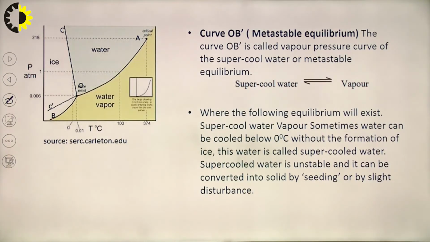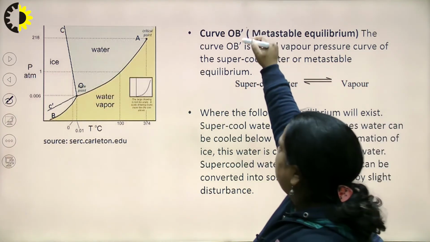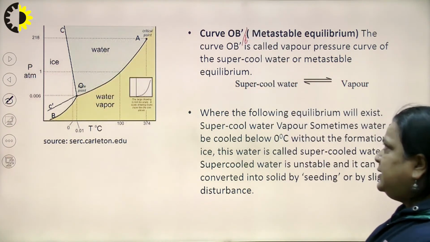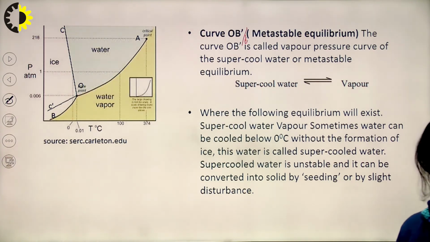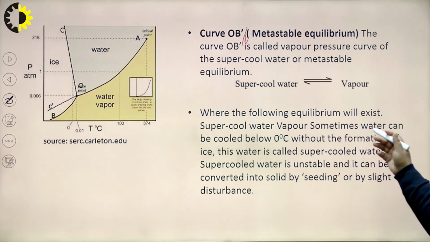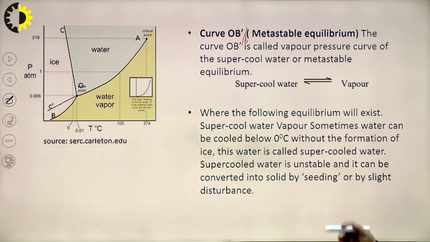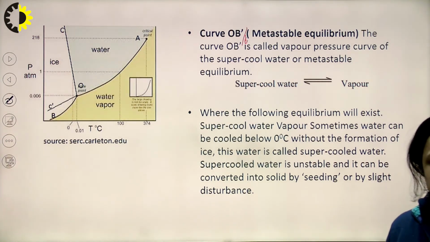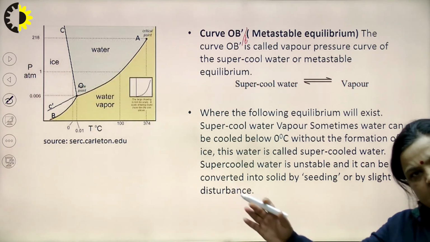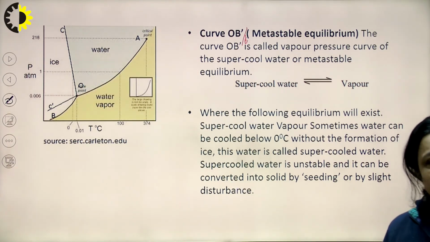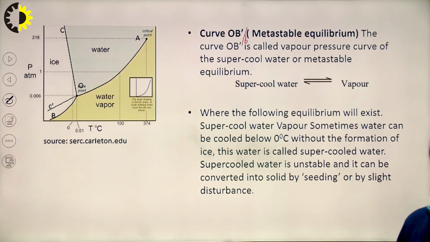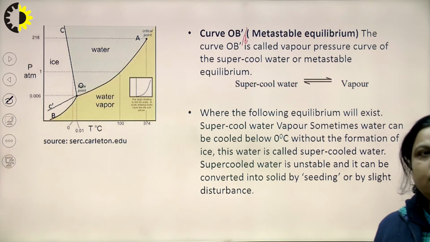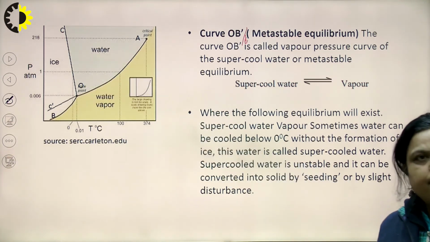So, curve OB' or we can say OC' is called the vapor pressure curve of supercooled water, that is, supercooled water is in equilibrium with vapor, where the following equilibrium will exist. Supercooled water sometimes can stay liquid below 0 degree centigrade without the formation of ice, but this curve is quite unstable, so it can easily merge into the solid curve.